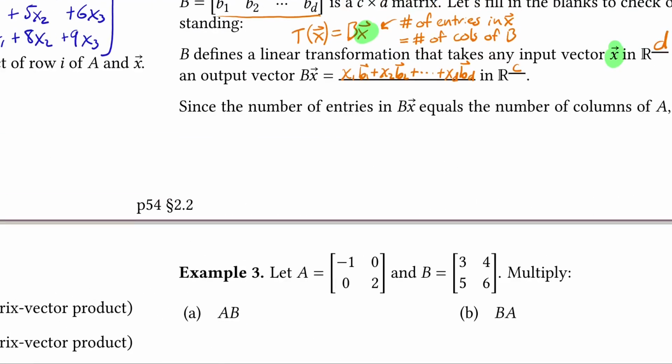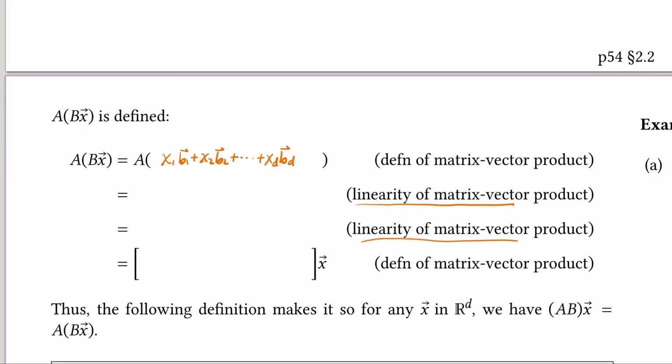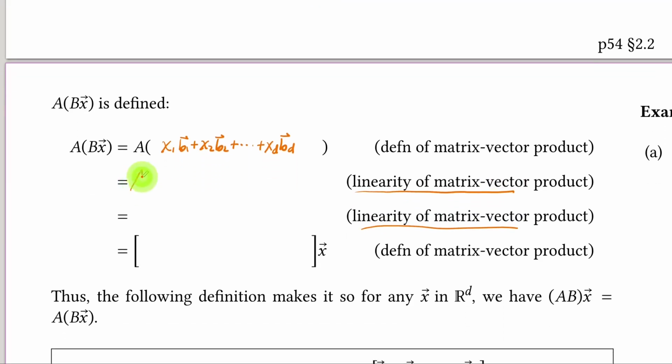I'll just substitute this notation for Bx over here. And we had a theorem that says the matrix vector product is a linear transformation. In other words, that there's a distributive rule here. So we can write this as A times each of these columns, like so.